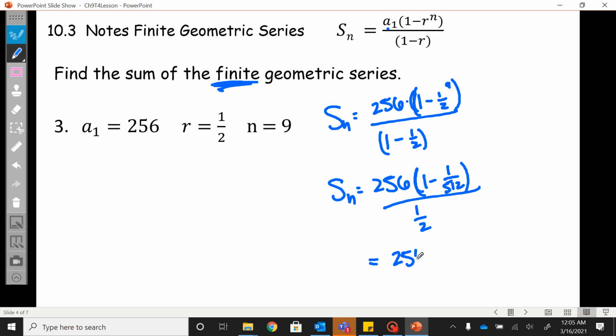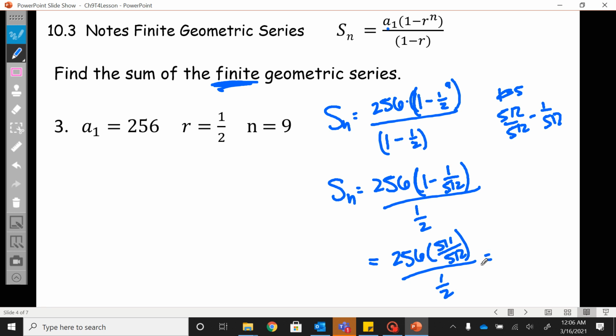So 256 times 1 minus 1 over 512. Well, 1 is the same thing, if we make that a common denominator, as 512 over 512. So it's 512 over 512 minus 1 over 512. So it's 511 over 512, over 1/2.